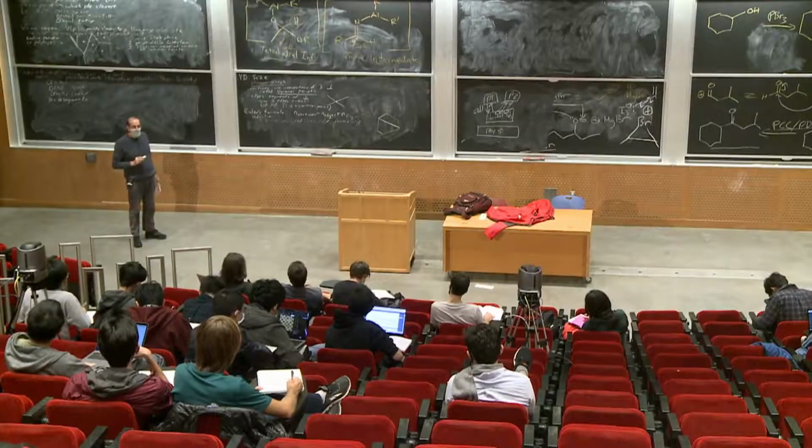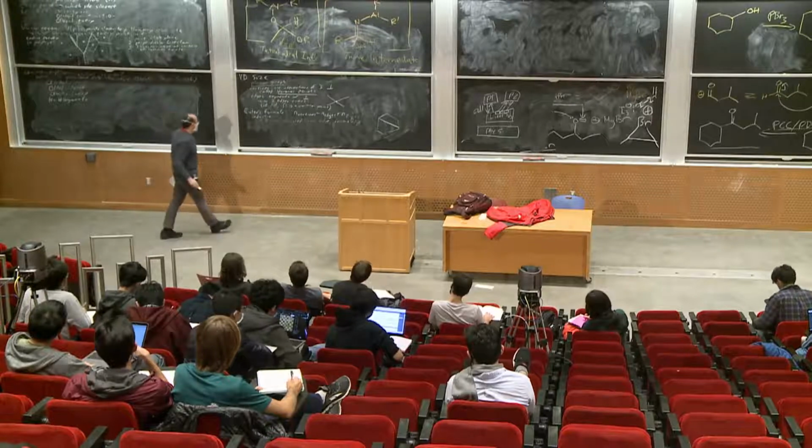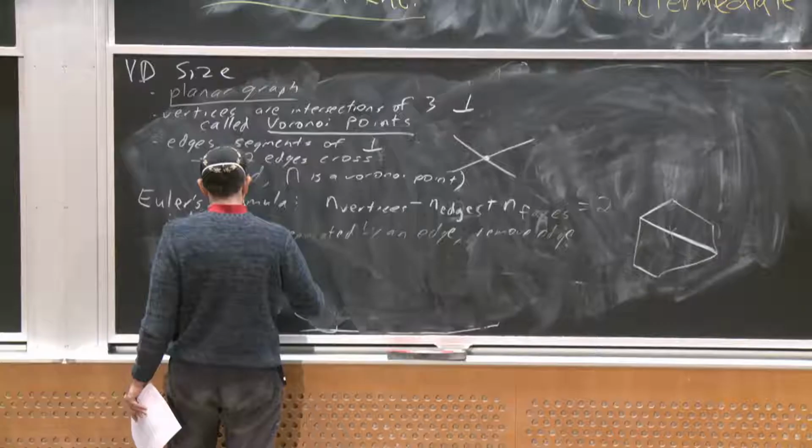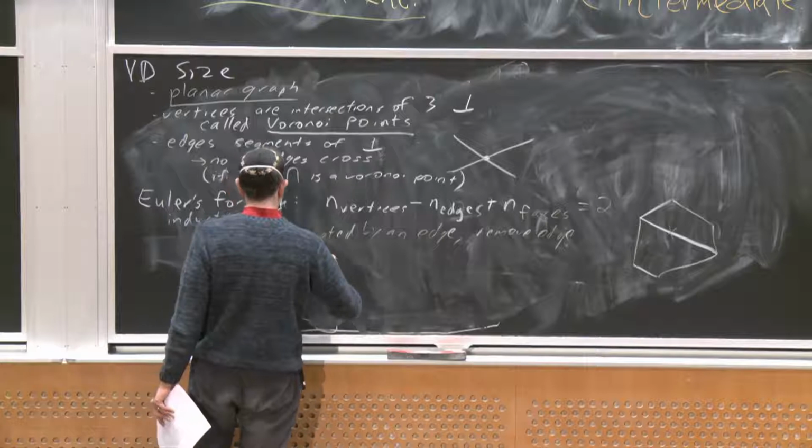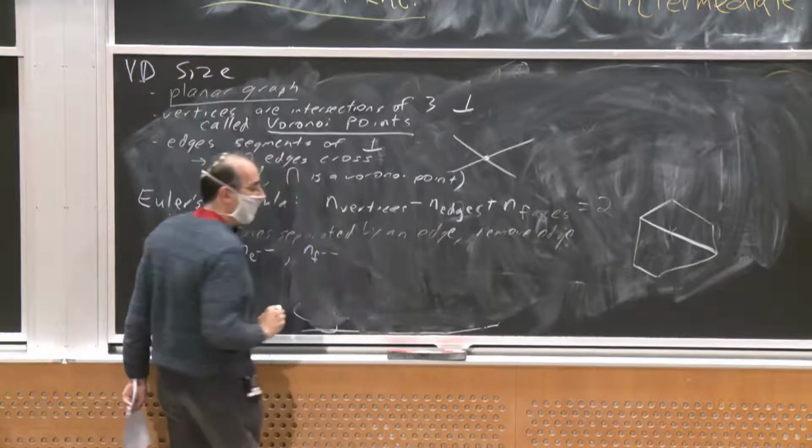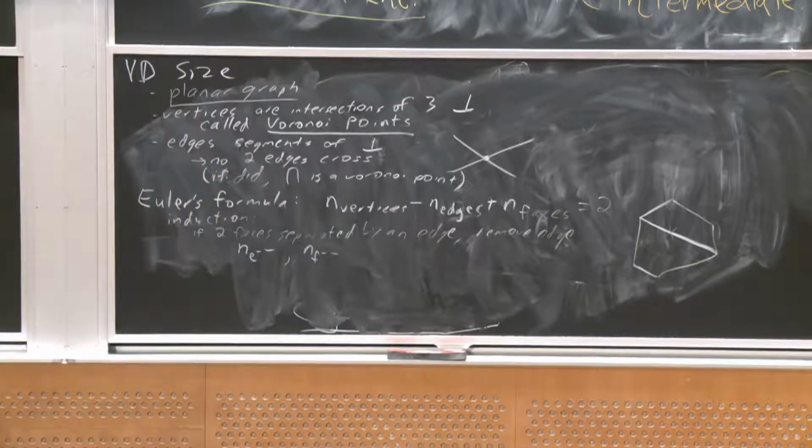Yeah? Decrease in edges by 1 and then faces by 1, so it stays constant. Exactly. We decrement the number of edges, and we decrement the number of faces. And so Euler's formula has not changed. Okay?